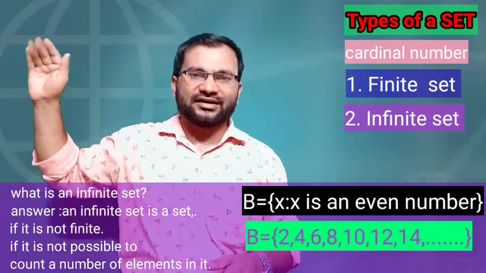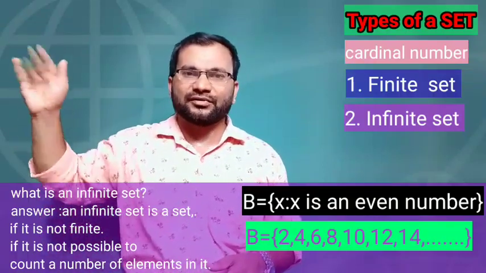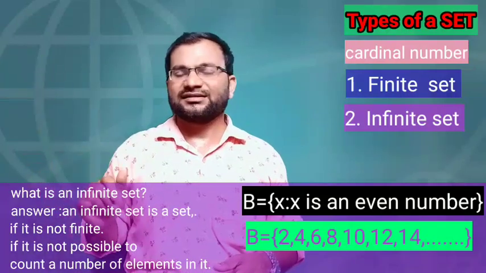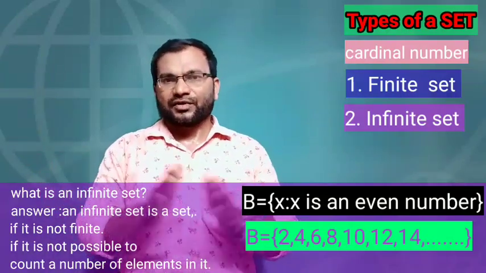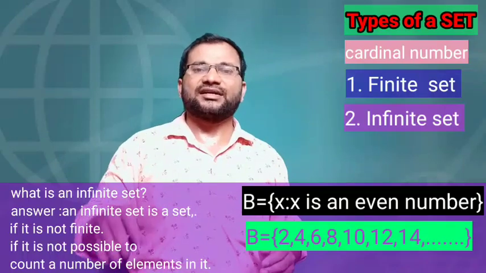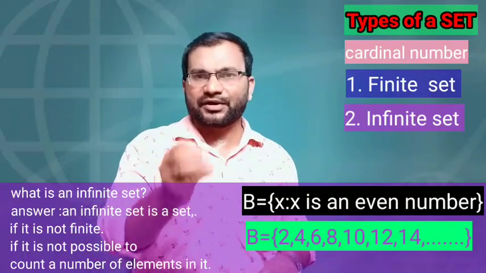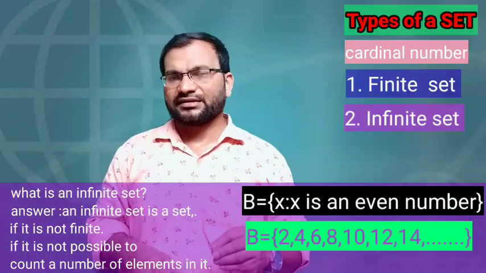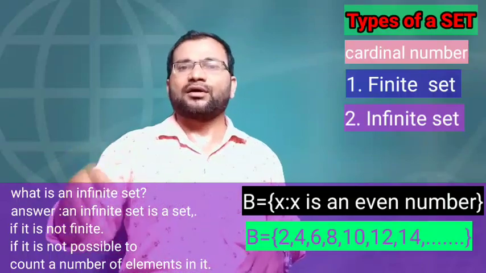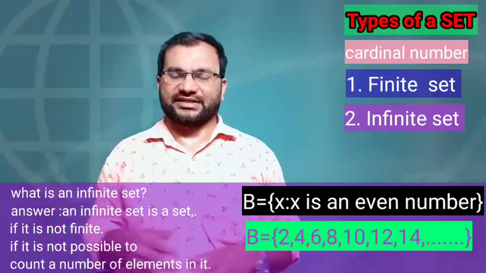So we can't count up to which is the largest even number. So we can't count them. So it is an infinite set. By the cardinal number, when we can count the number of elements in it, it is a finite set. If it is not possible to count all the elements, it is an infinite set.